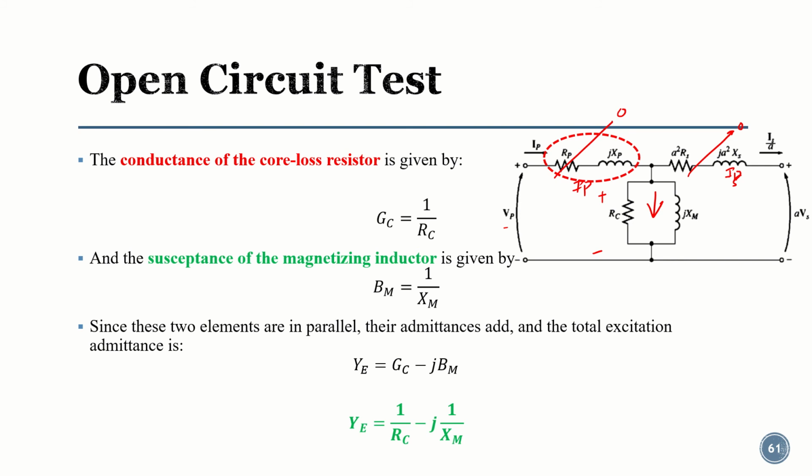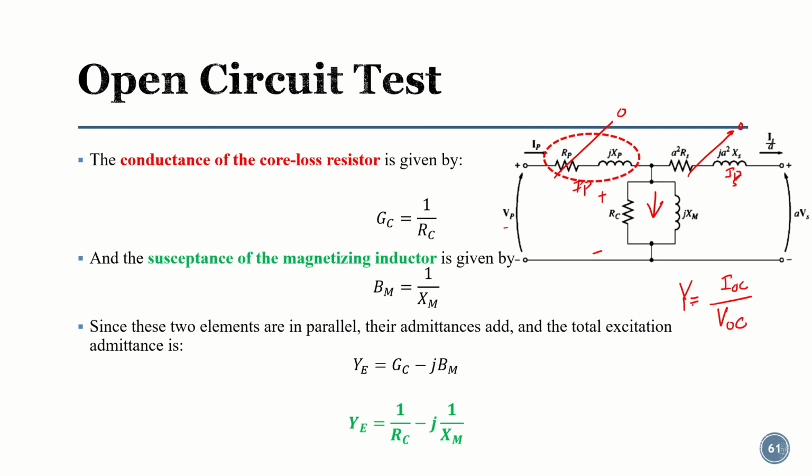So when we know the current value and the voltage value, we can calculate the admittance of the circuit. And the admittance of the circuit is what? The ratio of the open circuit current over voltage.